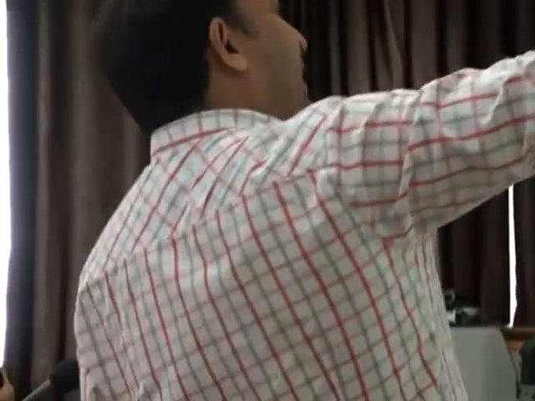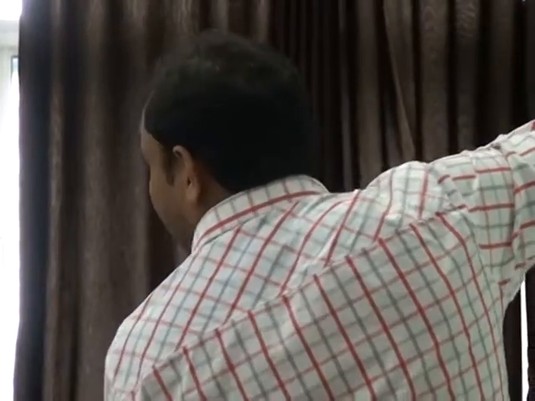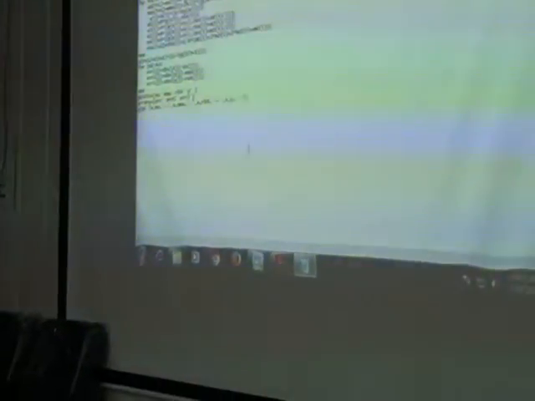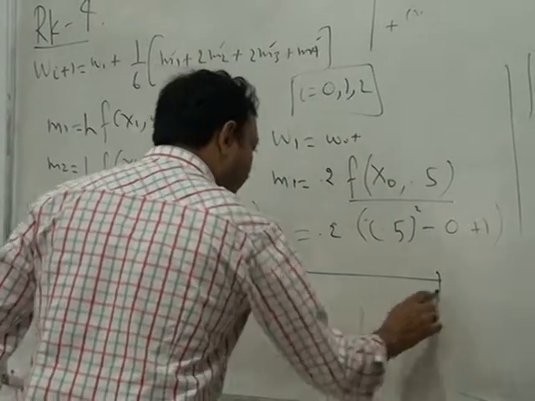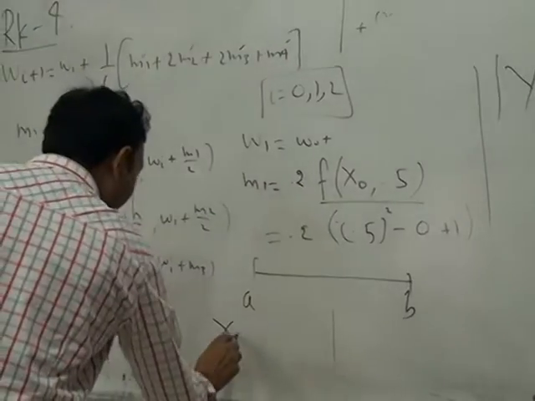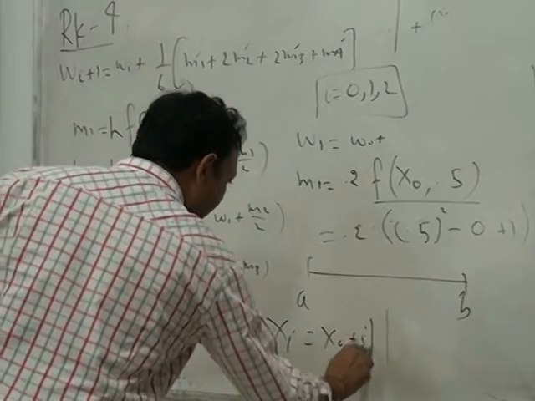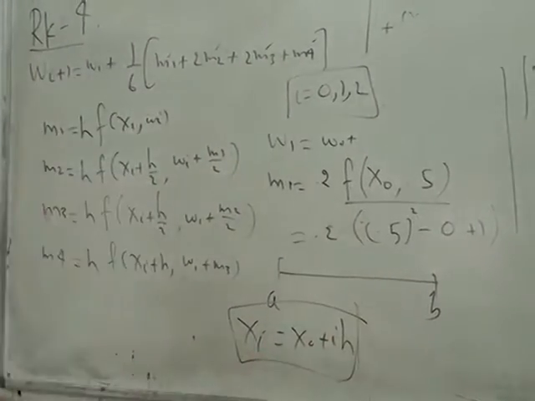A is your initial point, the interval is A, B, correct? H is B minus A by N. How do I discretize A to B? The idea is the same as x equals x naught plus i h. In C you must write these points like that.